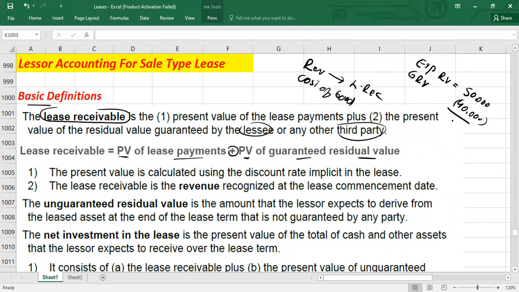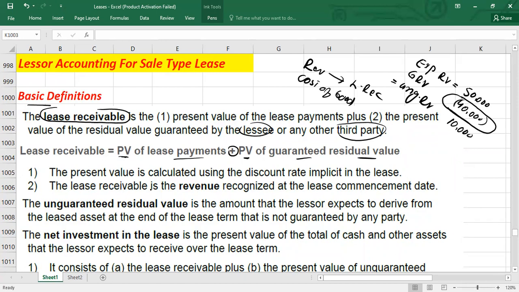The remaining $10,000, which the lessor will obtain through the sale of the asset, is extra over and above the guaranteed residual value. This is called the unguaranteed residual value. So when you calculate the lease receivables, you have to take the present value of the guaranteed value, in my example 40,000.